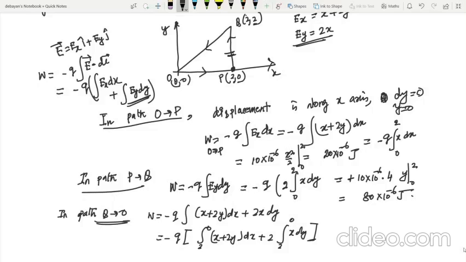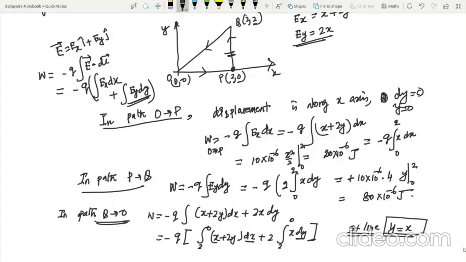You just see that this is the integration of dx, this is the integration of dy. So if you have to do this integration, then what to do? Because it is a straight line, and the slope is 45, the equation is y equals x.